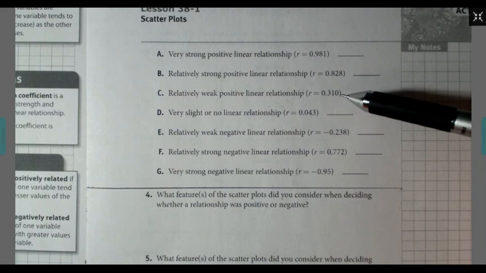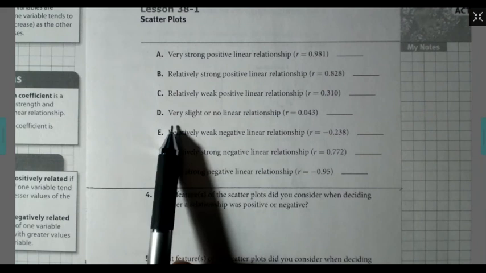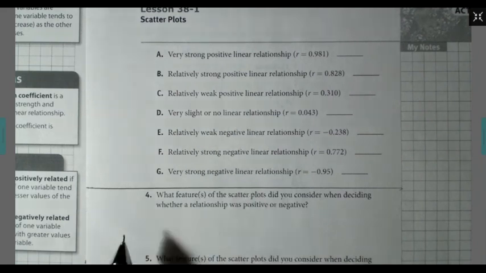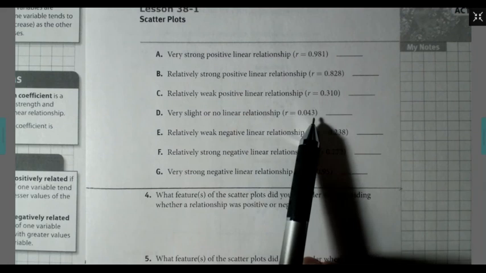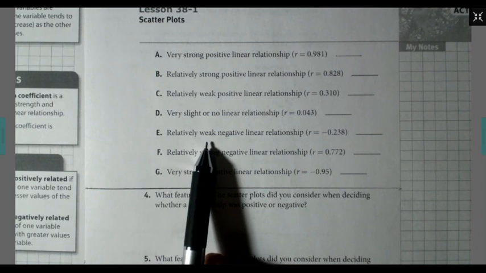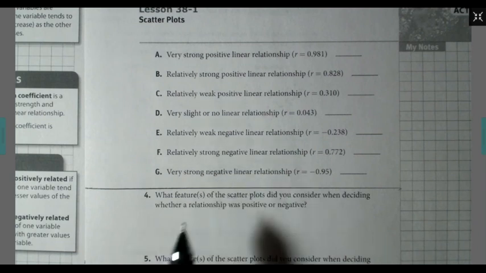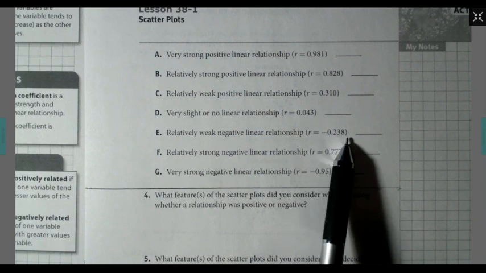This one was 0.310. D says very slight or no linear relationship. And look at your R, 0.043. E says relatively weak negative linear relationship, negative 0.238.